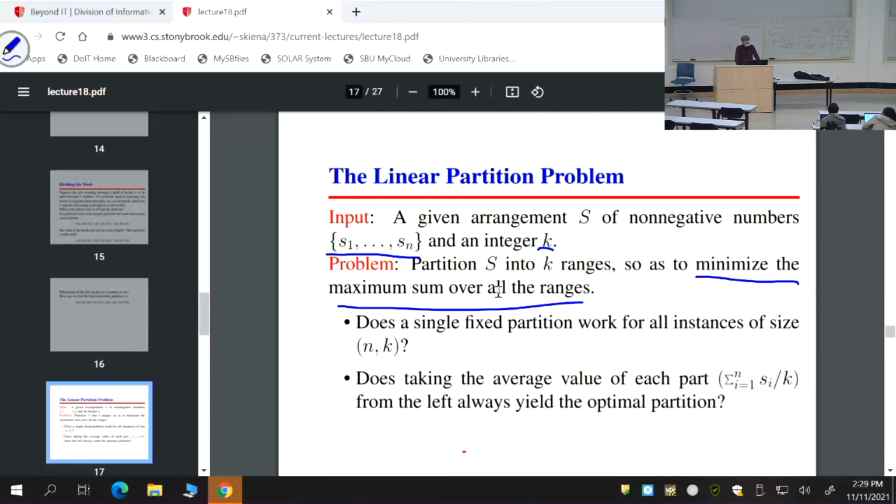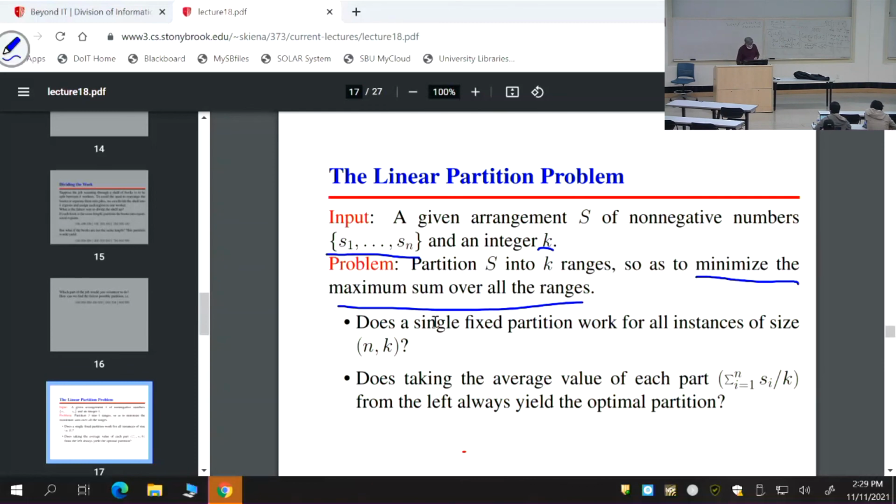Minimizing the maximum sum means that no one guy can be doing too much work, right? If I minimize the maximum sum, then that's going to be the time the job ends, when everybody can go home, when the last guy finishes. Minimizing the largest part is what the criterion should be. Any question about that? That's my goal.